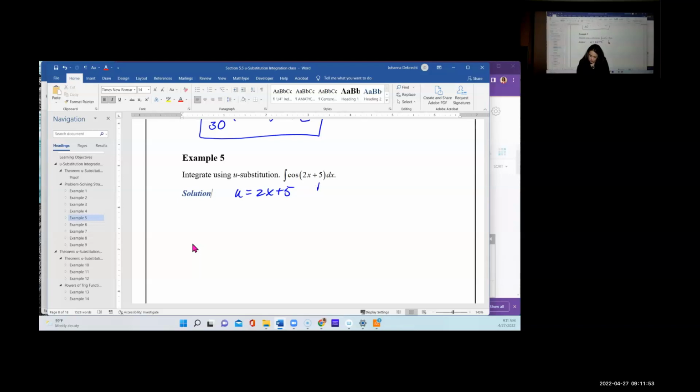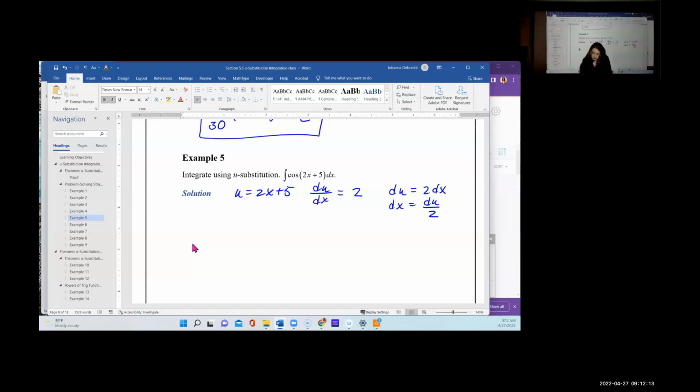So then we take the derivative of both sides of that equation to get du, which just gives us 2. And then we abuse the notation by swinging the dx to the other side. And then we solve for dx in terms of du. So we get du over 2.